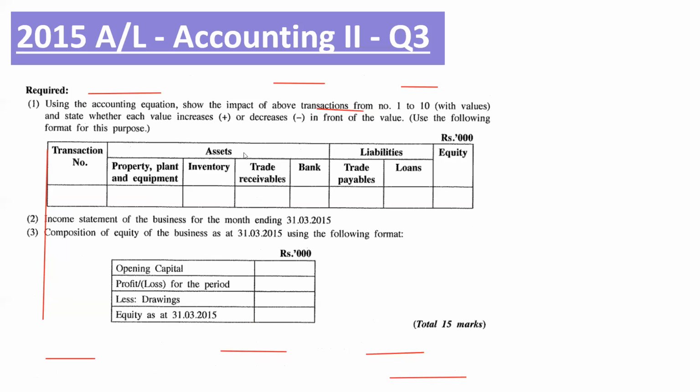Required: using the accounting equation, show the impact of the above transactions 1 to 10 with values, and state whether each value is an increase or decrease in front of the value, using the following format. Income statement of the business, composition of equity: opening capital plus profit plus closings, the closing equity.